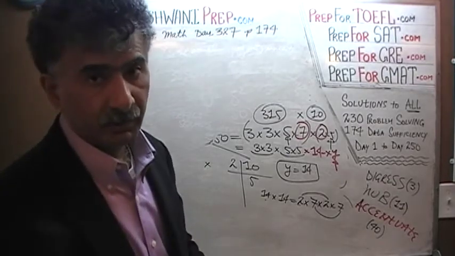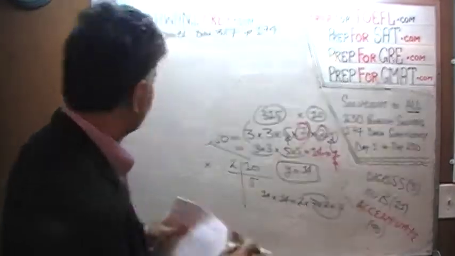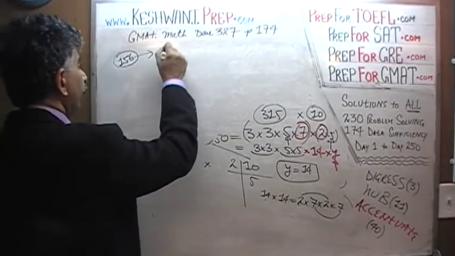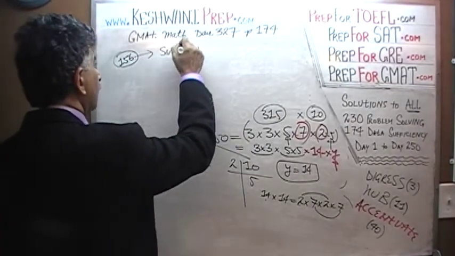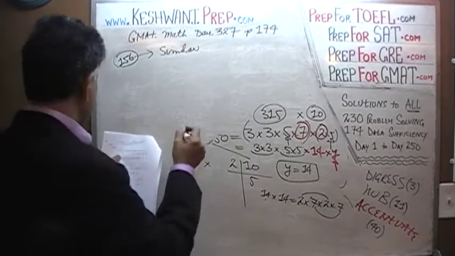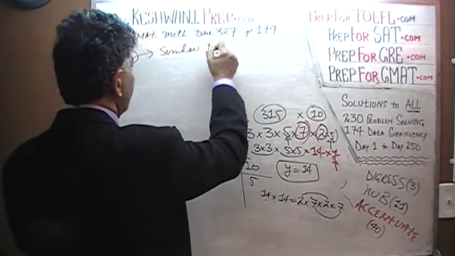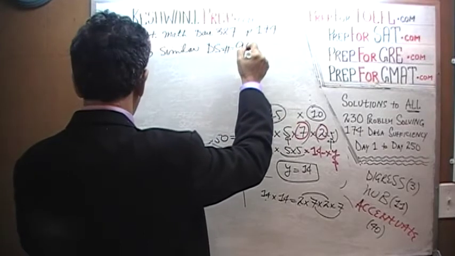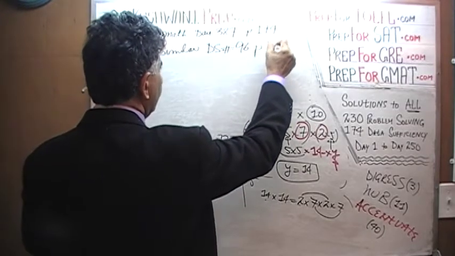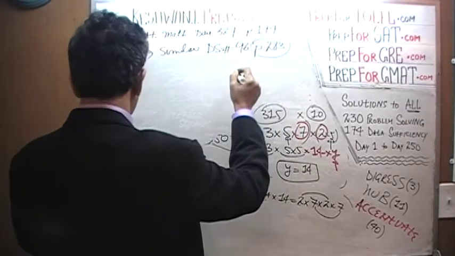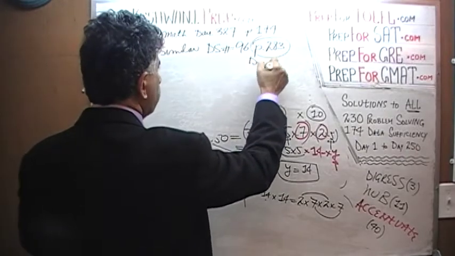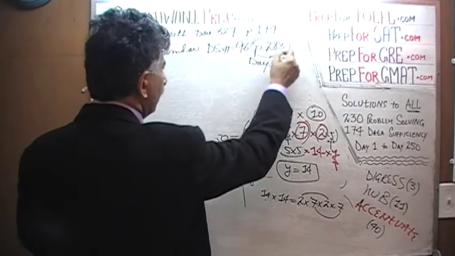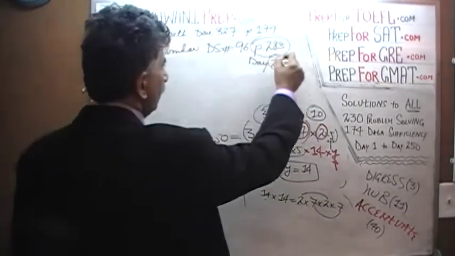Number 156, the one that we are about to do, is very similar to a problem that we have already done, which is the data sufficiency problem number 96 on page 283, which we did on day number 298.